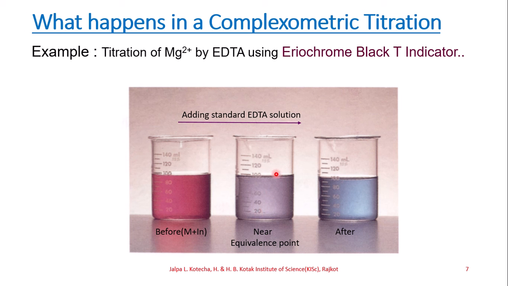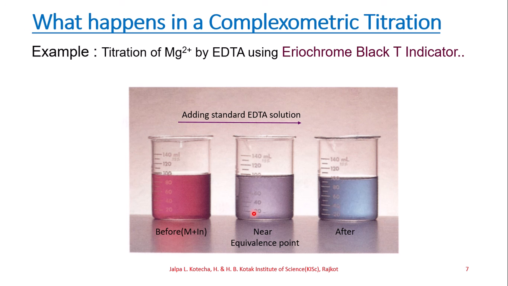So on adding more, the example we are taking is the titration of magnesium, because we want to determine the concentration of Mg plus 2. So, titration of magnesium ion by EDTA using Eriochrome black T indicator. Eriochrome black T is a type of metal ion indicator which is used for complexometric analysis.